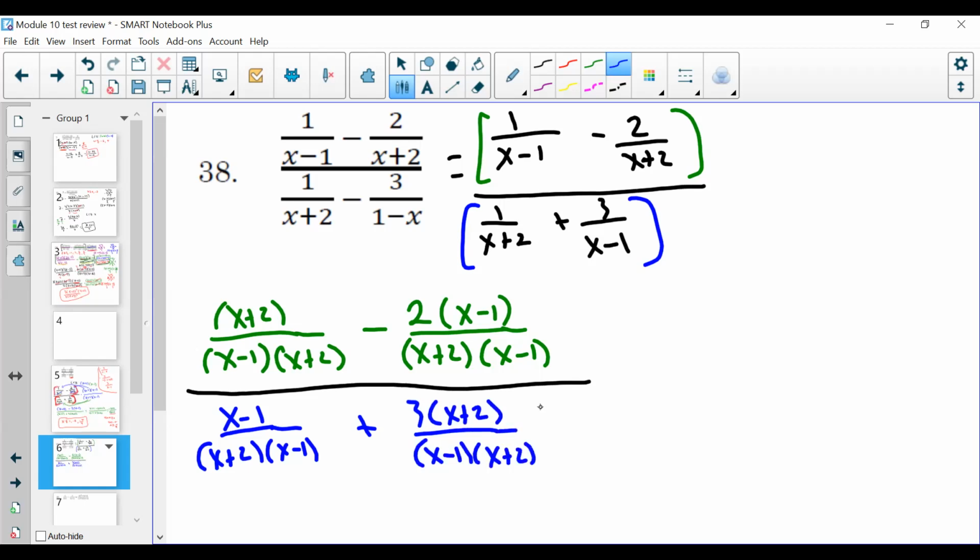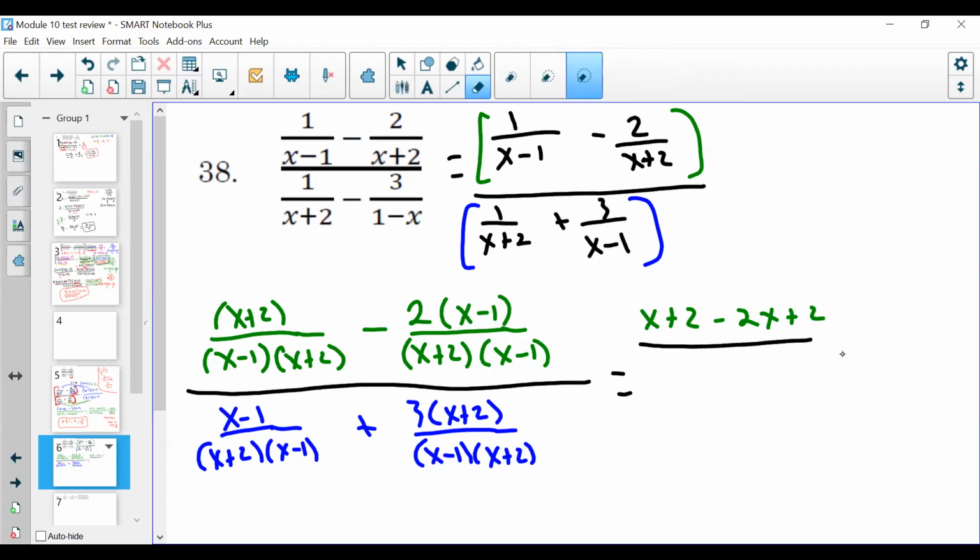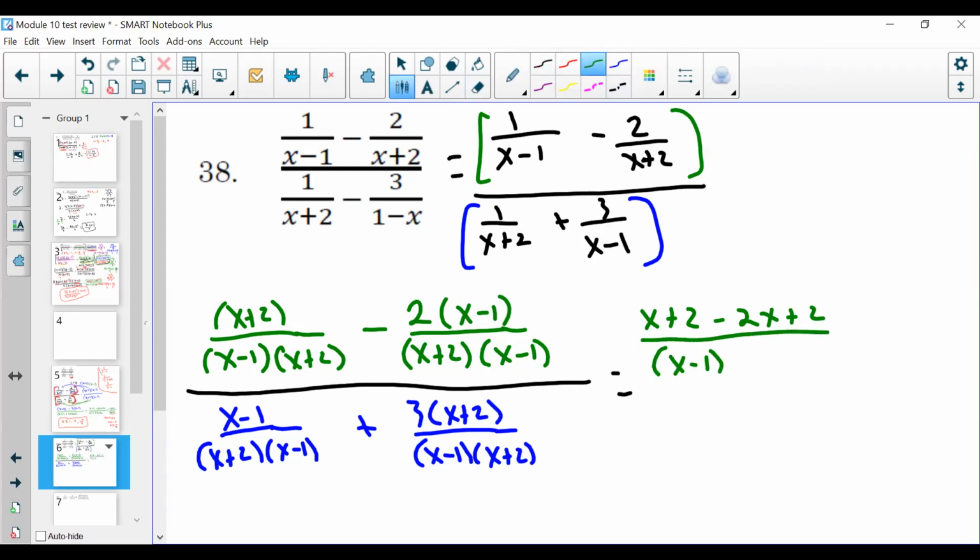And now I'm just going to combine like terms. So the top, they have the same denominator, so I can combine them to get x plus 2, distribute the whole negative 2 to get negative 2x plus 2. All of that over the denominator of x minus 1, x plus 2.